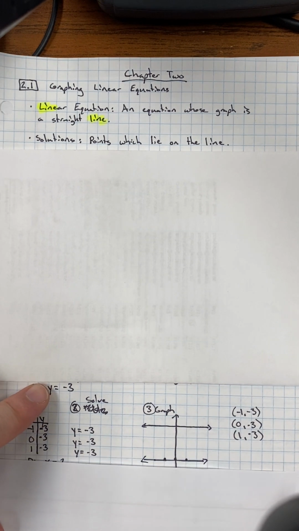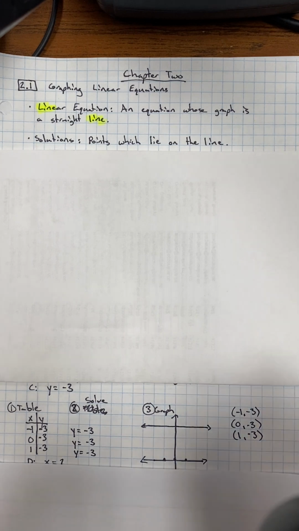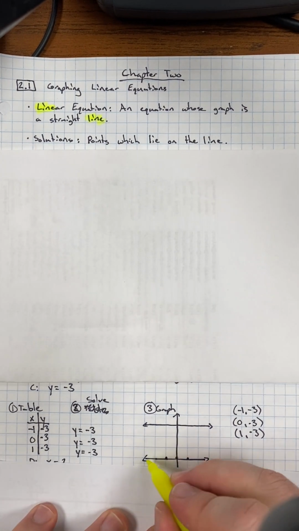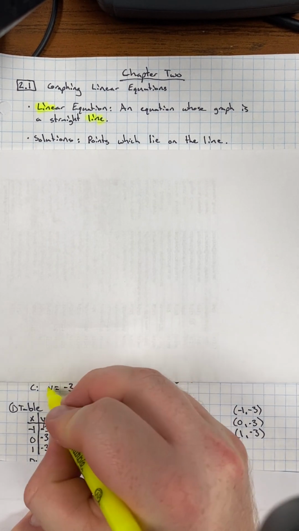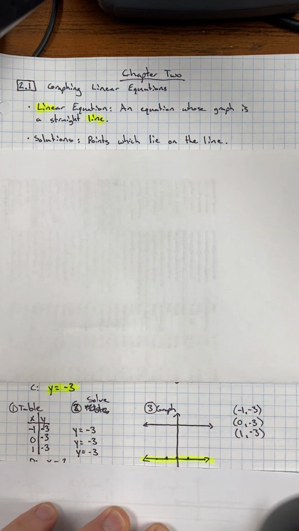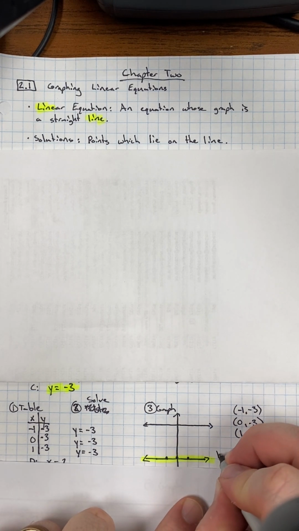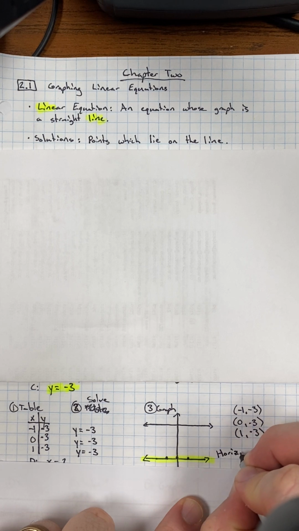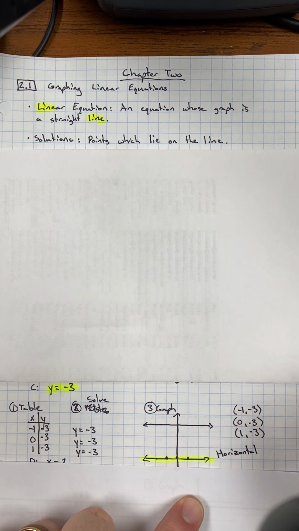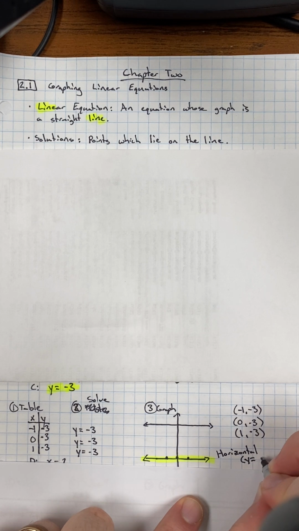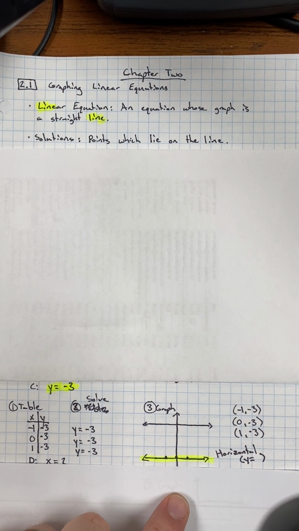So something I want you to note about this is that when you have y equals something, your line is always just going to be horizontal. Okay? And this is when y equals some number.